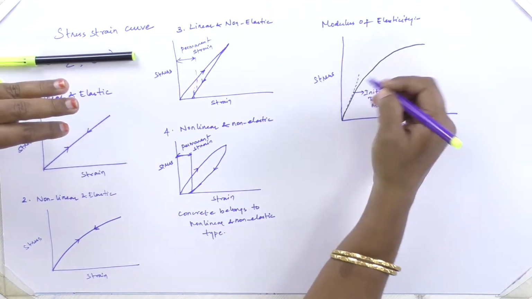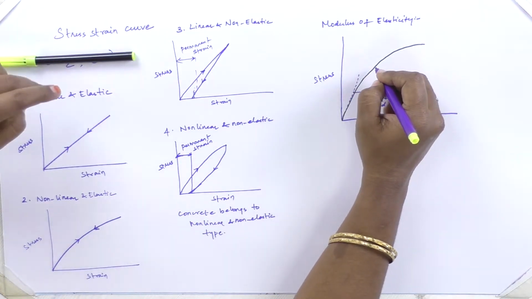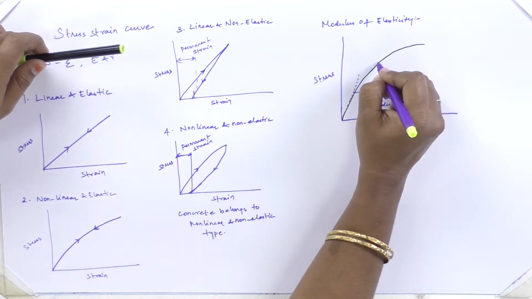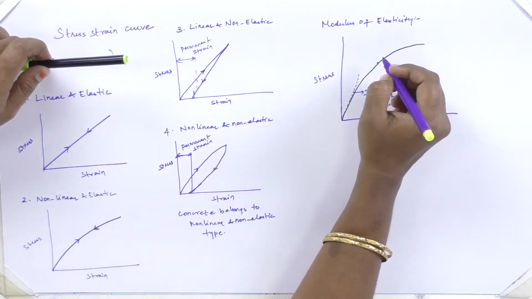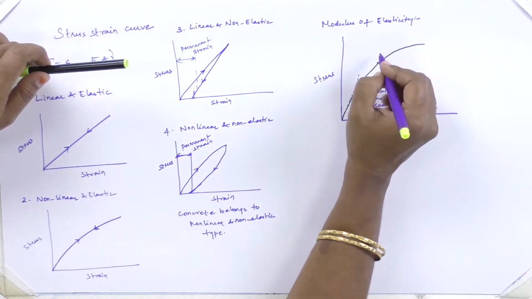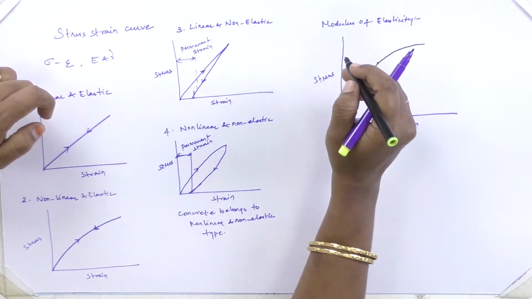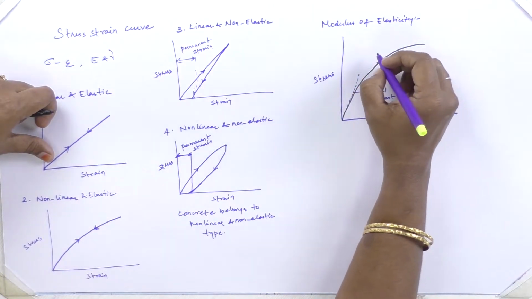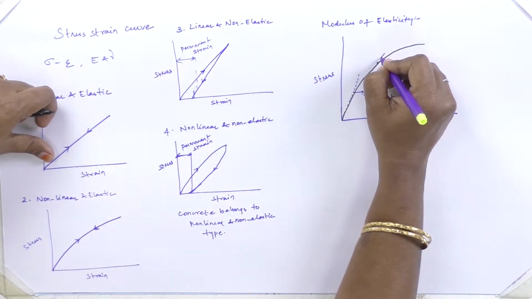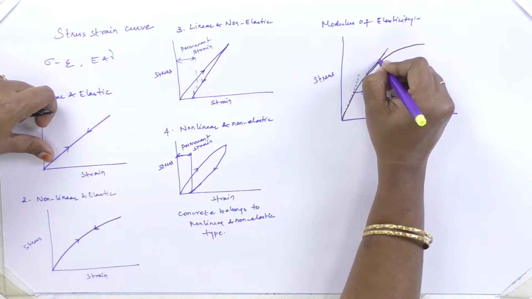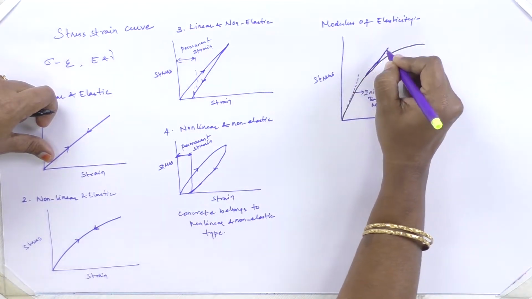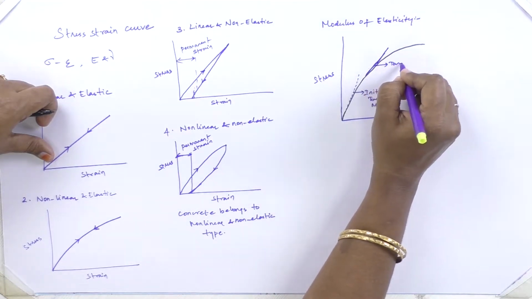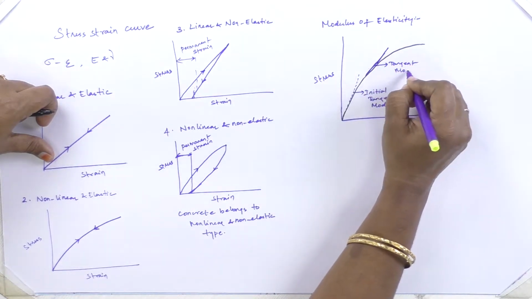So next, I am choosing an arbitrary point somewhere here on the stress strain curve, and I am again drawing a tangent, and this is called the tangent modulus.